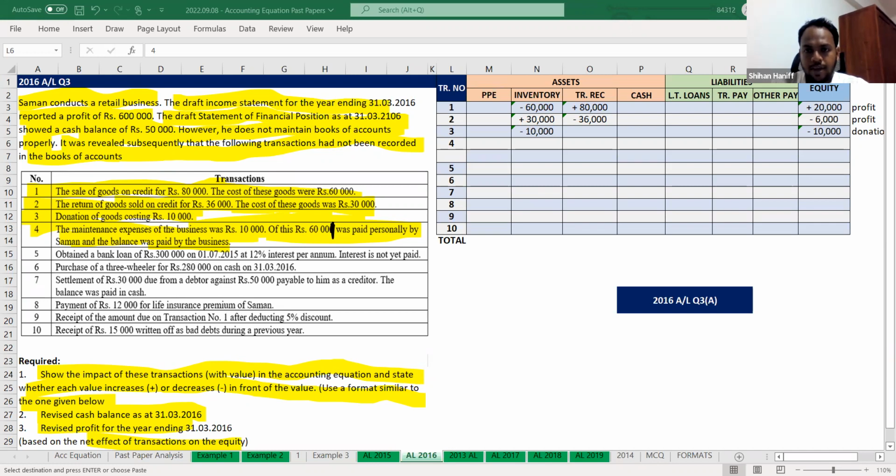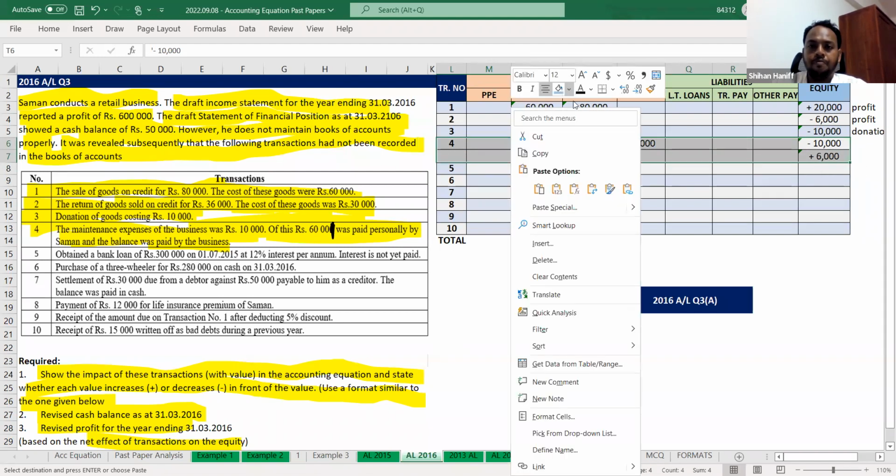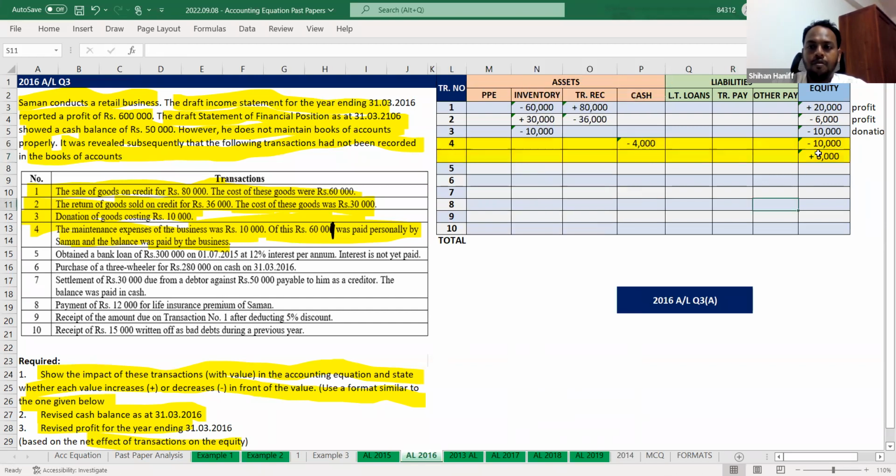How much is cash? Cash minus 4,000. 6,000 paid by equity owner. Then the equity will increase. If the owner pays, equity will increase. And maintenance expense will reduce the equity.